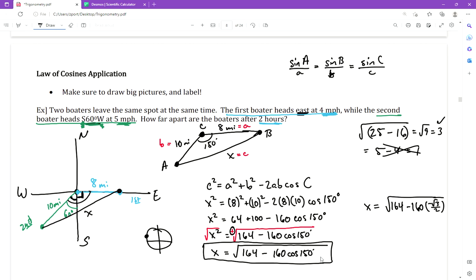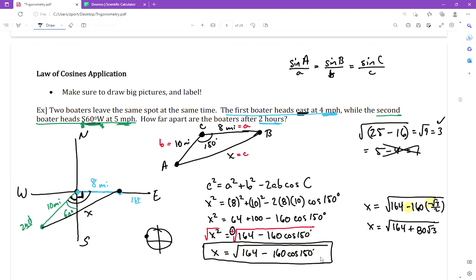And then we would say, oh, the negative and the negative would simplify to be a positive. And then 160 divided by 2 would be 80. So we'll change this to be the square root of 164 plus 80 square root of 3.